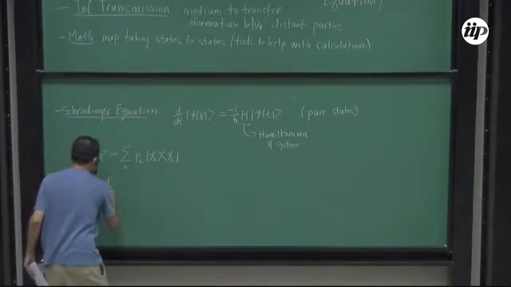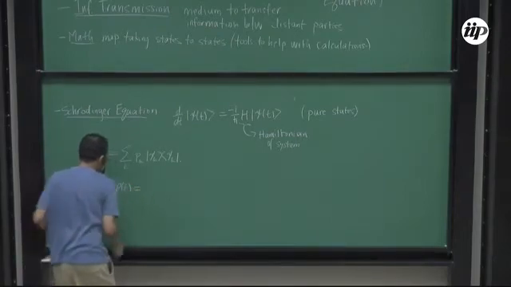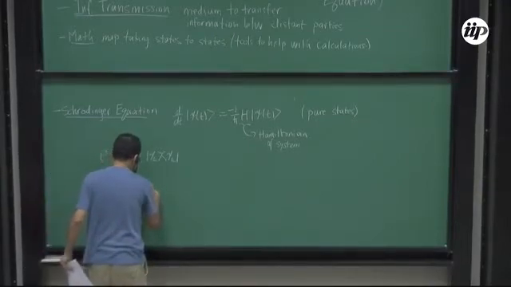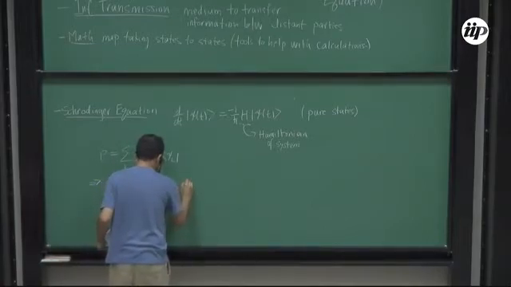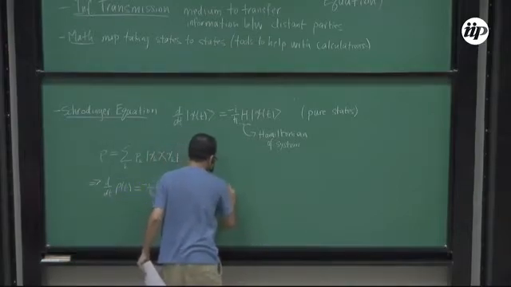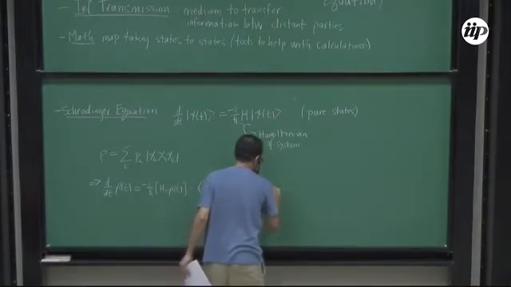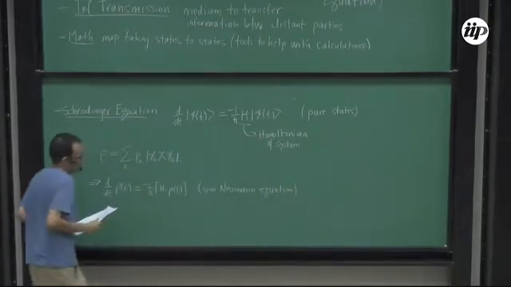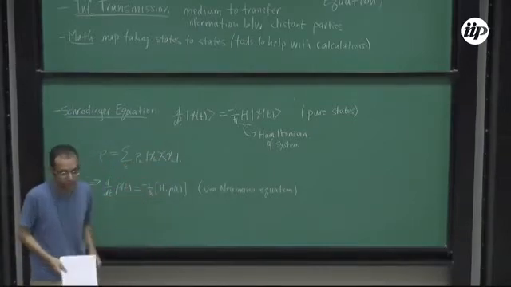So the state as a density operator at time t is given by this. And sometimes we call this the von Neumann equation. Okay, so these are our governing equations for any quantum system.